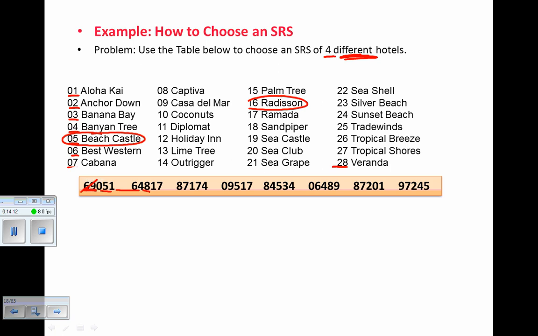Then 48, too big. 17, the Ramada. 87, too big. 17 is the Ramada, which we already have, and it said 4 different, so again, I'm going to skip that. 40, too big. 95, too big. 17, we already have. 84, too big. 53, too big. 40, too big. 64, too big. 89, too big. 87, too big. 20, okay, there we go. So 20 would be the C Club. And now I have 4.